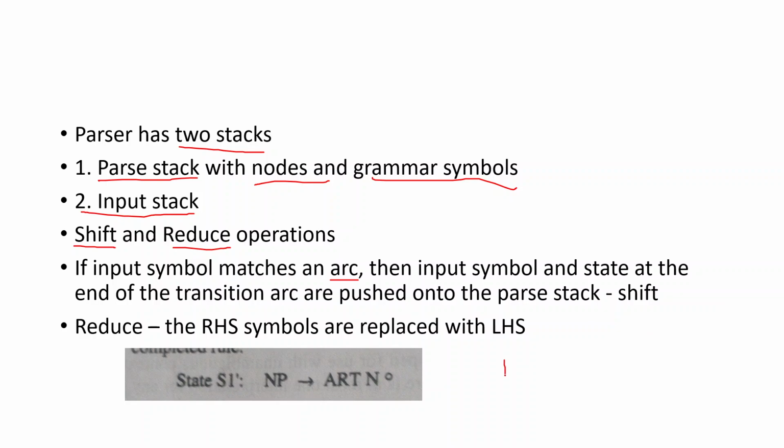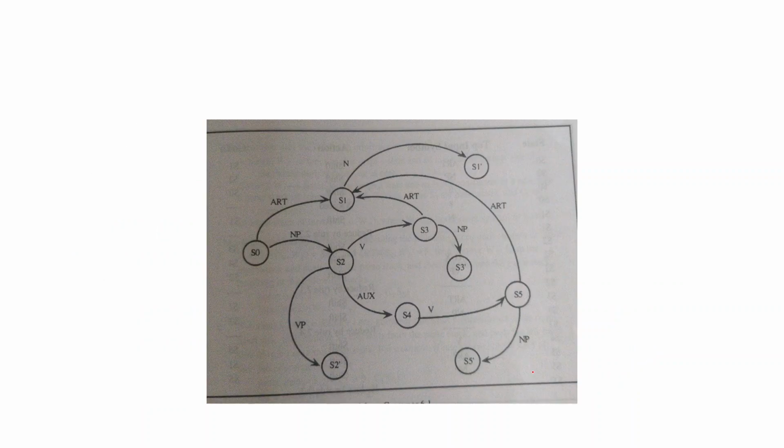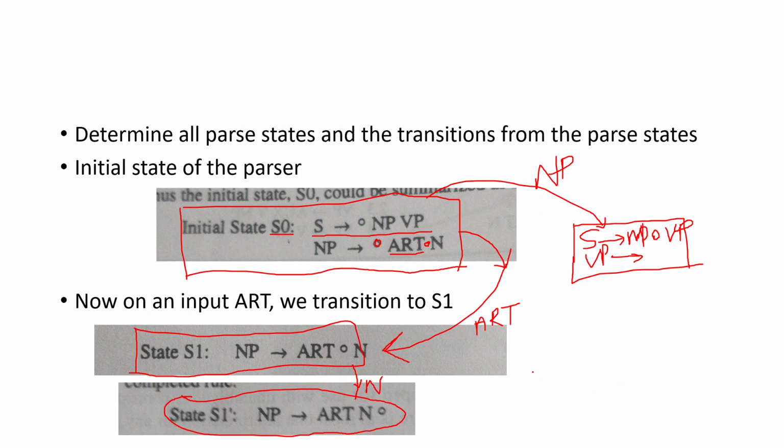So initially, let us say we have a stack like this. We start at S0, and we know on input article we transition to S1.